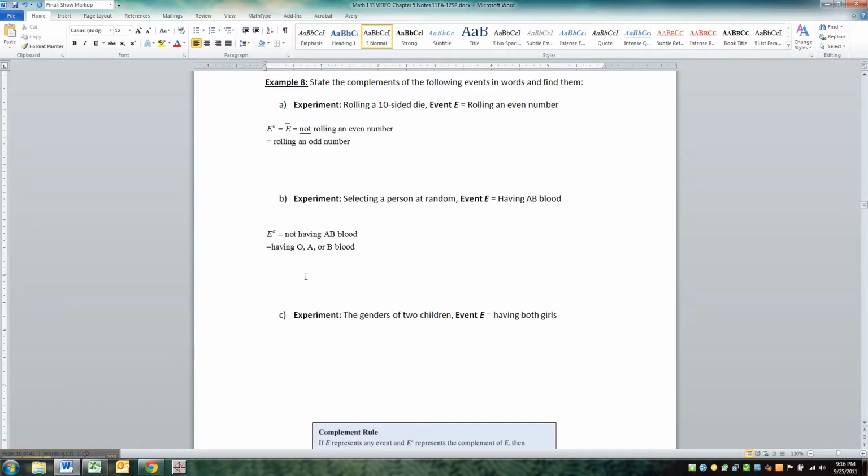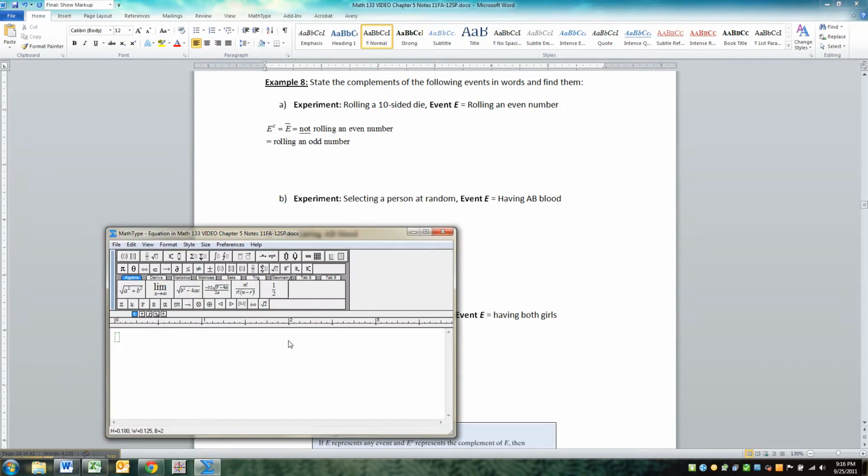All right, now let's look at another one. Genders of two children, having both girls. The complement of that would be not having two girls. But what would that mean you do have?